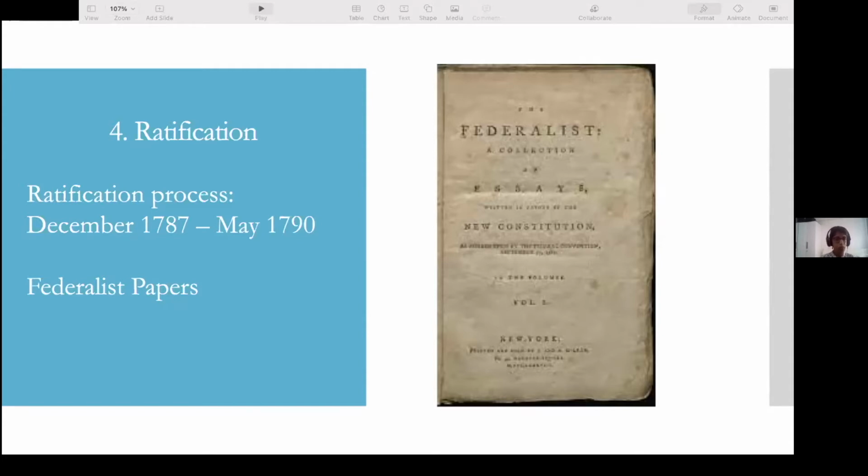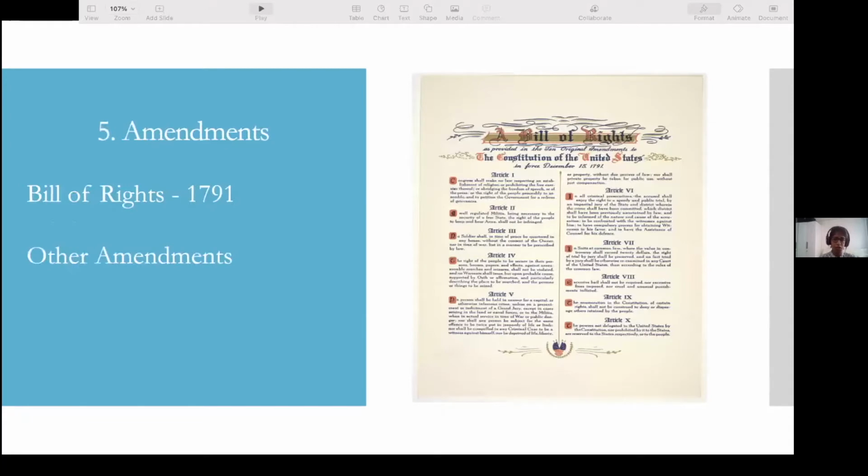Now that this constitution has been enacted and ratified, we move to amendments. What happened after the constitution was adopted and in force? Interestingly, Madison, in the newly established House of Representatives in 1789, proposed that 19 amendments should be made to the Constitution.